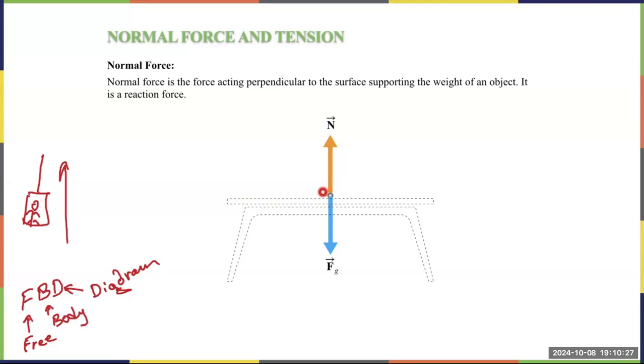So in this condition, this block, which you consider as a single dot, we will draw all the forces that are acting on this block, and we are not going to draw any forces that the block is exerting on anything. Here, F due to G is the force due to gravity, which is acting on this block, and this normal force is the force exerted by the table surface on this block. So that's a free body diagram. Make sense?